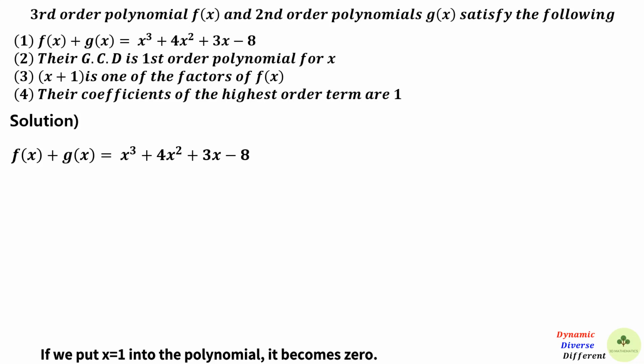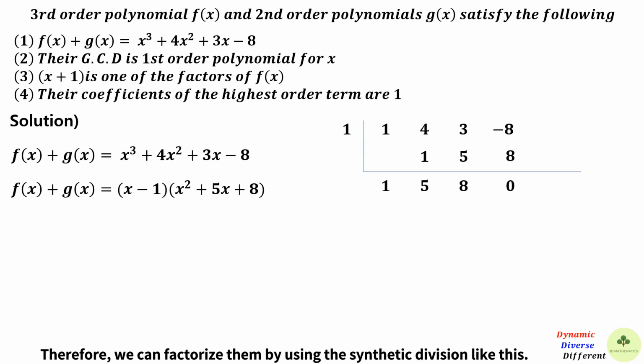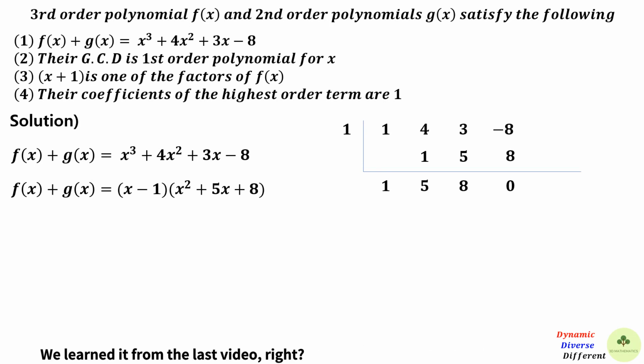If we put x equals to 1 into the polynomial, it becomes 0. Therefore, we can factorize them by using the synthetic division like this. We learned it from the last video, right? So it becomes x minus 1 times x squared plus 5x plus 8.